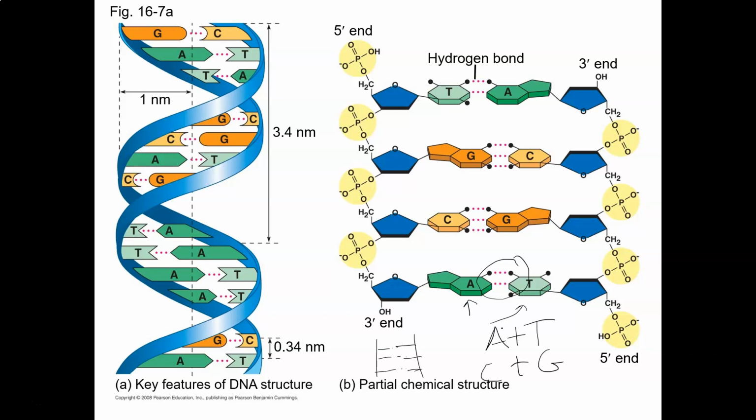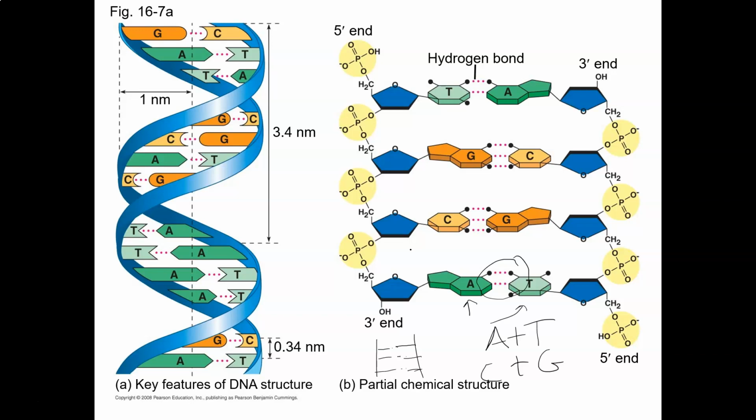So sort of like a ladder. Okay? And it makes sense that these nitrogen bases were in the middle of the molecule, because, and this was something Rosalind Franklin described, they're hydrophobic, whereas the backbone phosphate and sugar groups are hydrophilic.